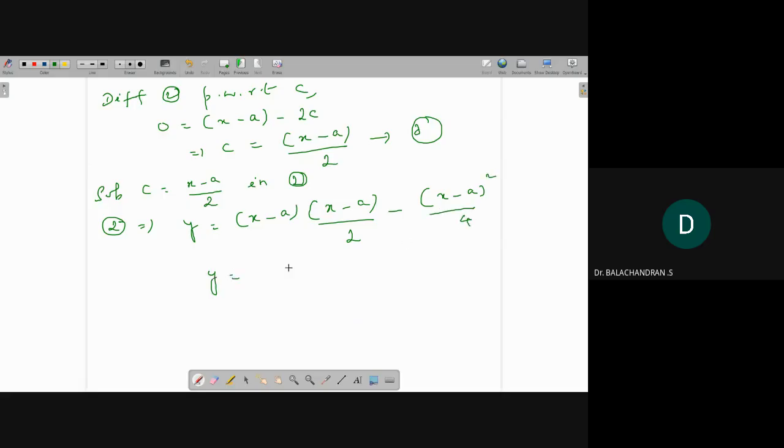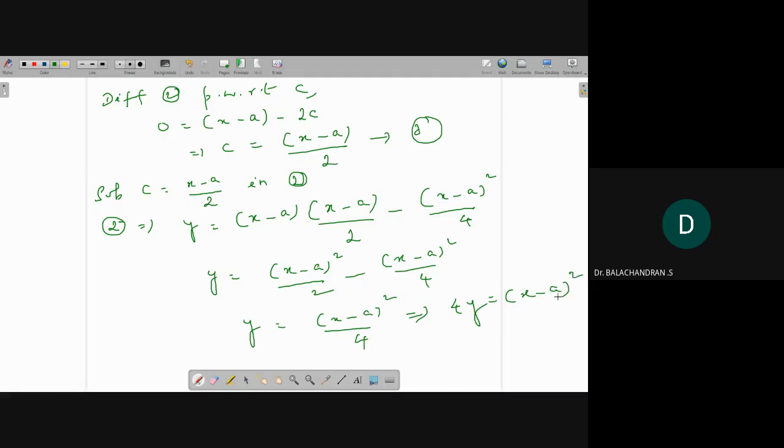So y equal to x minus a whole square by 2 minus x minus a whole square by 4. So y equal to x minus a whole square by 4, or 4y equal to x minus a whole square. So this is the singular solution of the given problem.